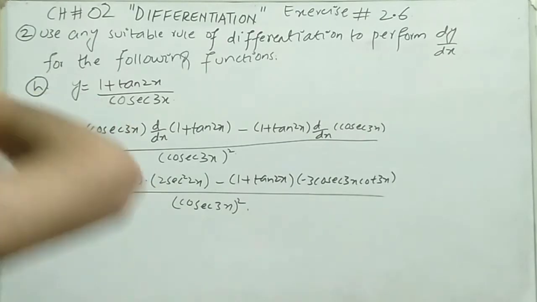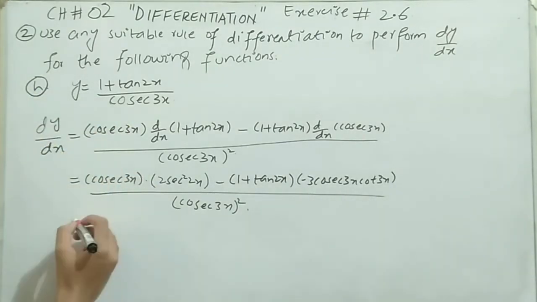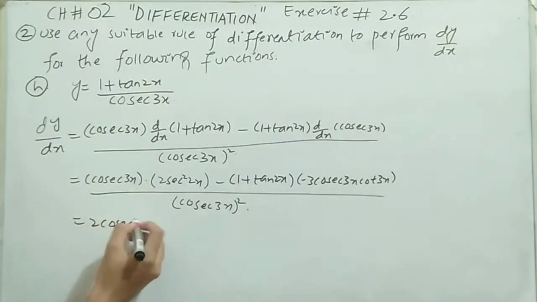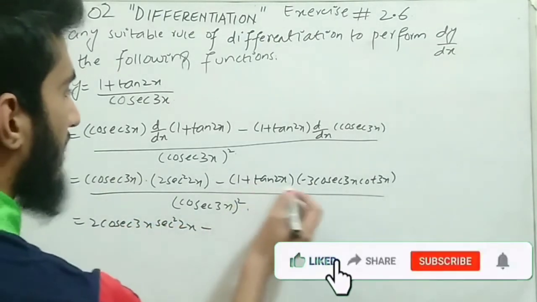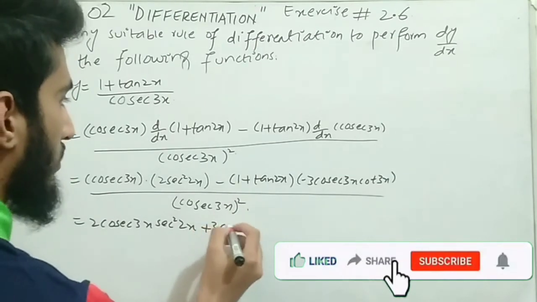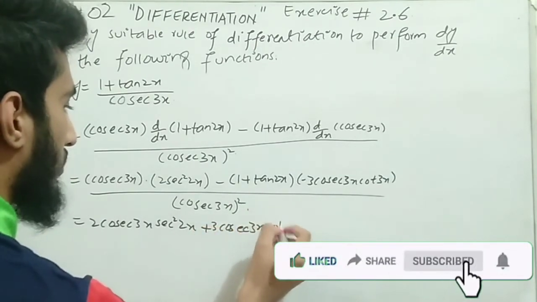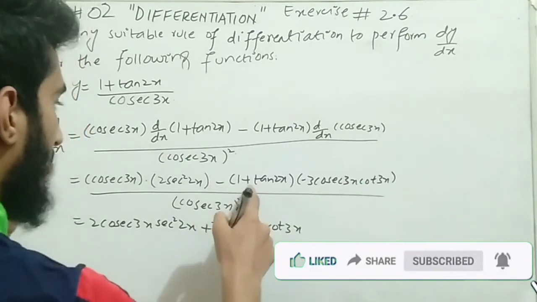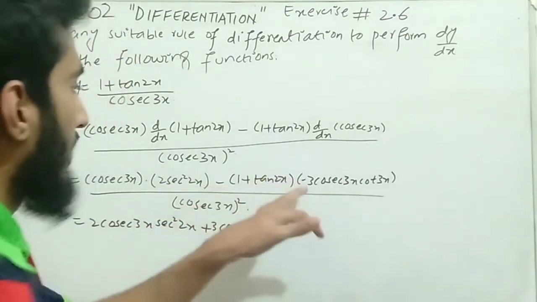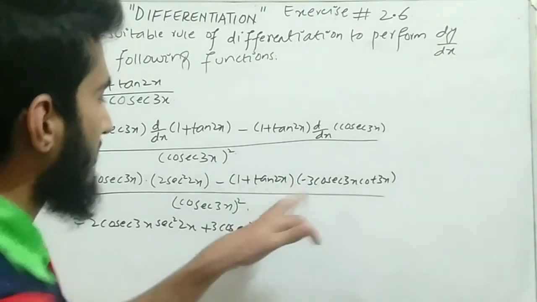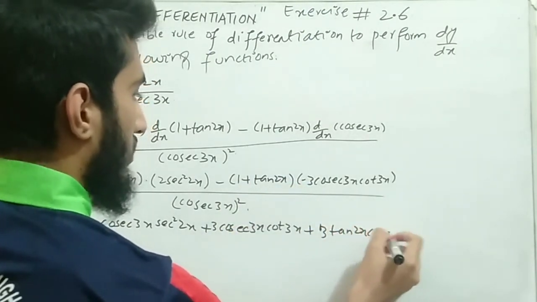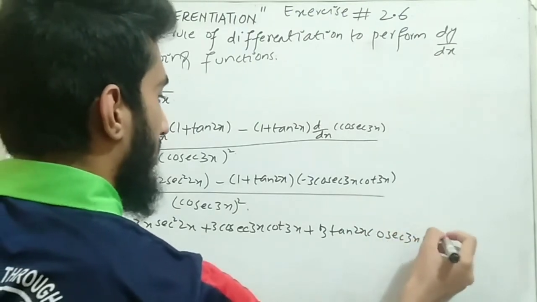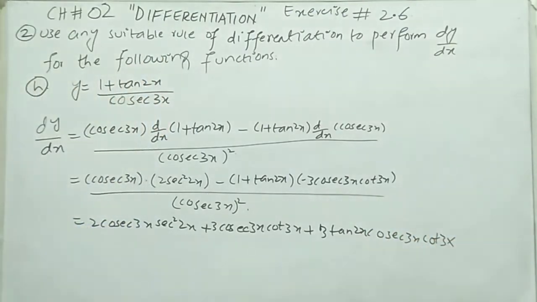Now we simplify it, so it becomes 2 cosecant 3x secant square 2x, minus minus gives us plus 3 cosecant 3x cotangent 3x, and minus minus gives us plus 3 tangent 2x cosecant 3x and cotangent 3x, divided by cosecant 3x whole square.